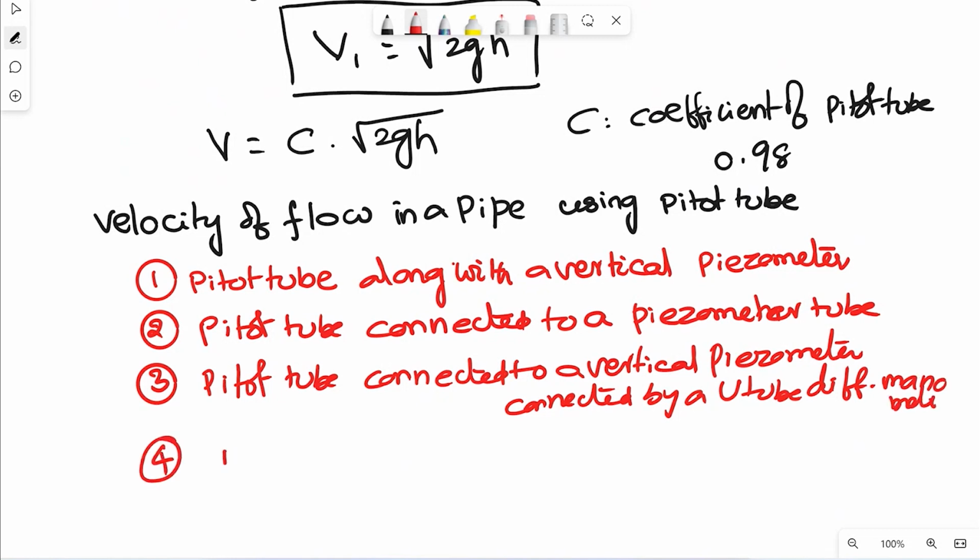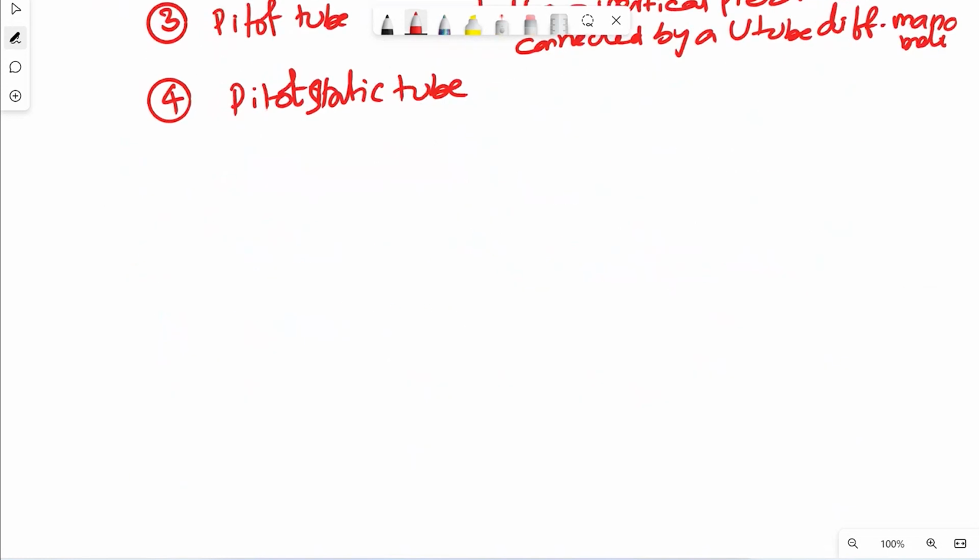The fourth one is the pitot static tube. I will show you each one after the other with sketches and explain.